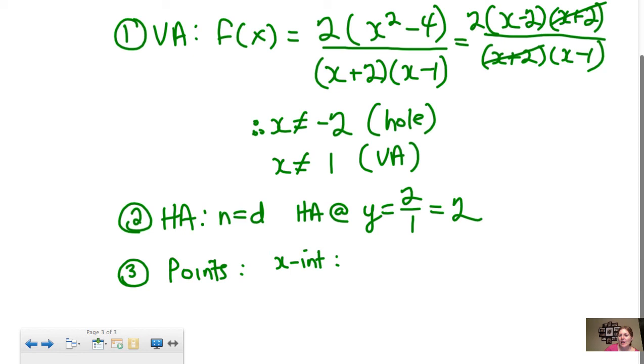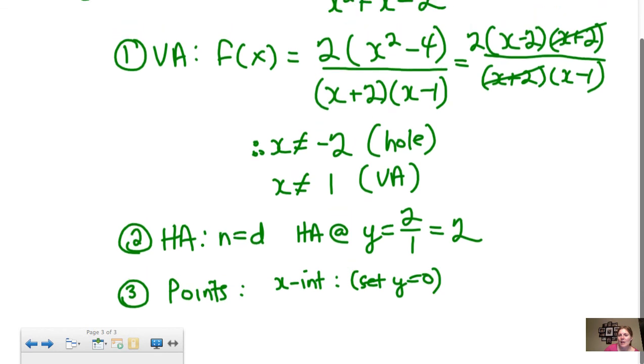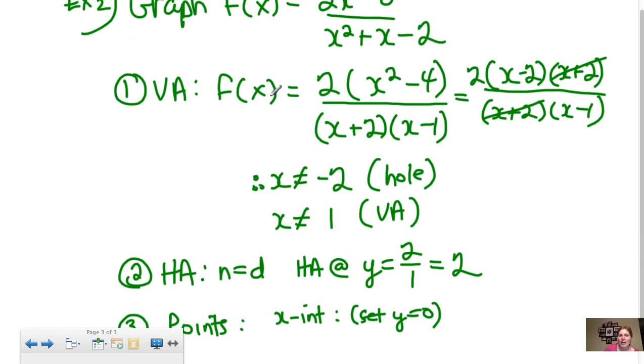Our x-intercepts we calculate by setting y equal to 0, right? So let's go back into the original function and let's make y equal to 0. But I want to calculate my x-intercepts of the simplified function. So the simplified function is 2x minus 2 over x minus 1 because x can't equal negative 2. We've canceled that out.